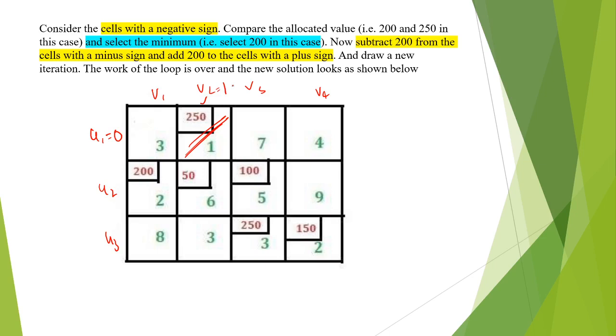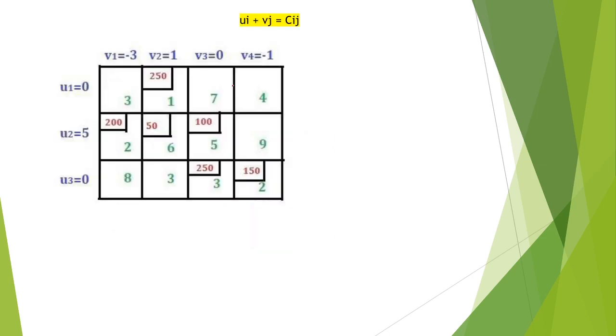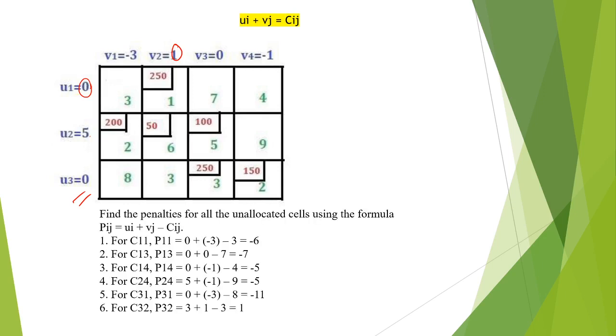So 0 plus 1 is 1, and so on. We will find the values, so 0, 1. Now next, 1, 5. 1 plus 5 is 6, and so on. So we will find the values of ui and vj for this, and after that we will find the penalties again.